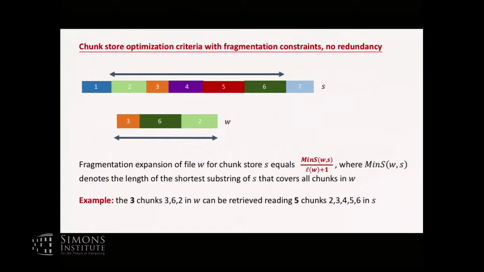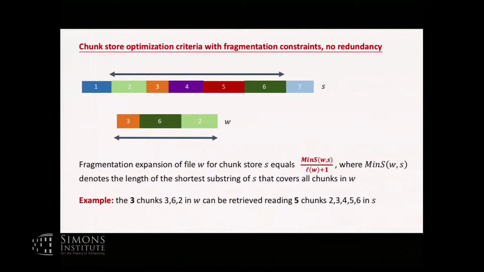So we decided what we're going to use as a model for the files and the chunks. Now I need to tell you, what is my criteria for fragmentation? How do I measure the level or the expansion caused by fragmentation? So again, this is the file I want to read. And look, I have to get this file, I have to read this whole block.